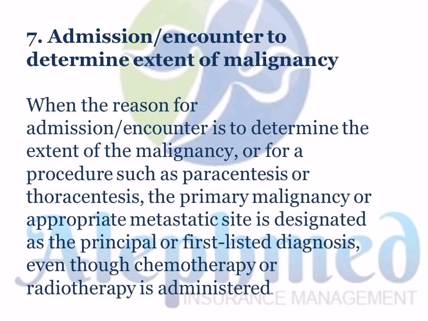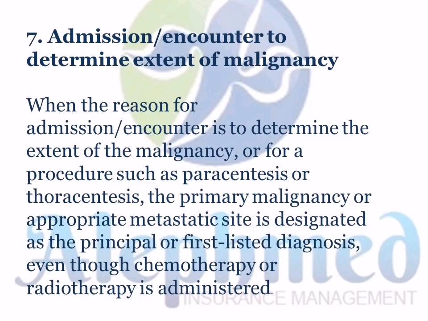Then admissions or encounters to determine extent of malignancy. That is, there was any type of malignancy for the patient, and now we are doing a procedure like thoracentesis or paracentesis to determine whether the primary malignancy is still there, or it has been transferred to any other particular site.